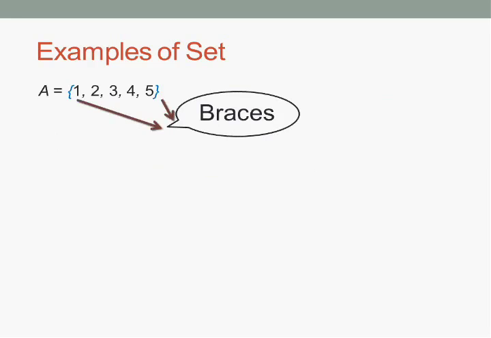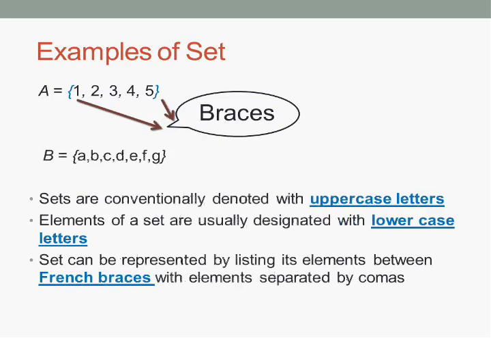The names for sets are most often given uppercase letters of the alphabet, but elements of the set are designated with lowercase letters. The name or letter is merely a convenient label and has no other meaning. A set can be represented by listing its elements between curly braces with elements separated by commas.